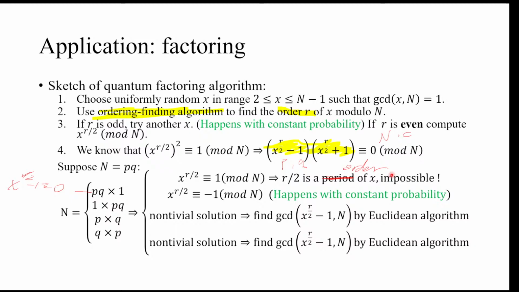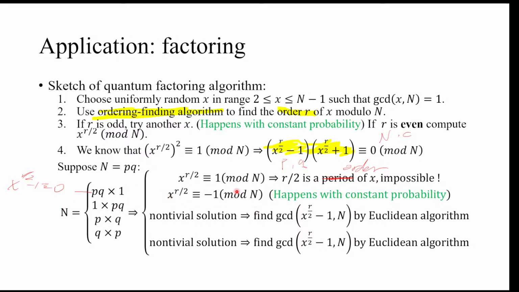And then the second one is when this thing has both factors p and q. And this is another case you need to deal with, just as you are unlucky. When this happens, there is not much you can do, but it happens with constant probability, and you just try another x.